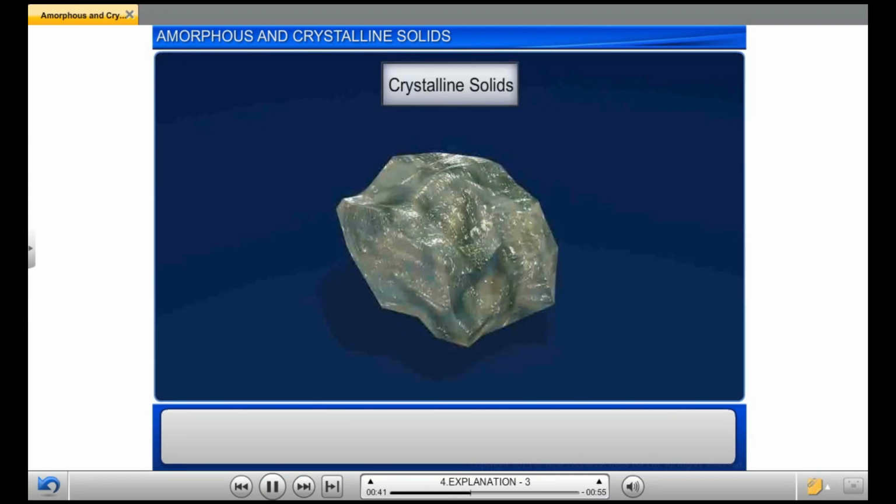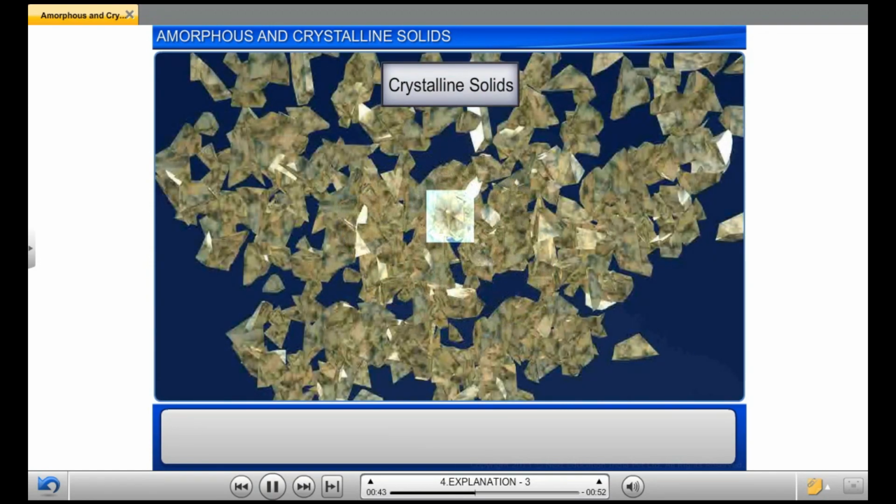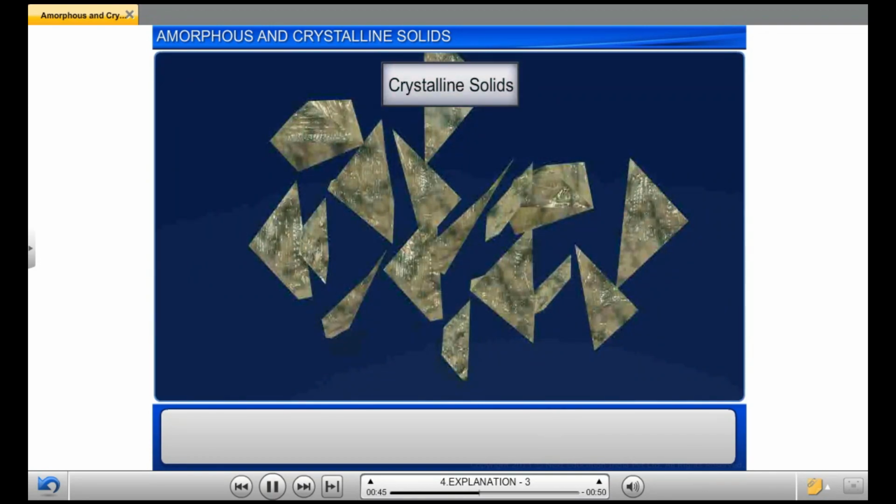If a crystalline solid is broken into pieces, the small constituents will have the same smooth and plane surfaces.